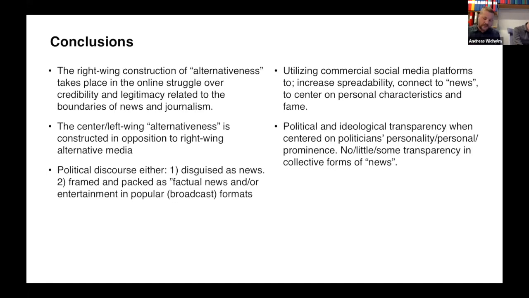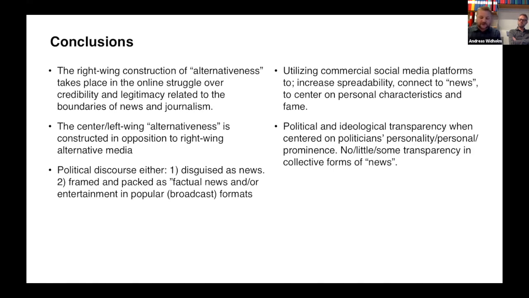We argue that the right-wing construction of alternativeness takes place in an online struggle over credibility and legitimacy related to the boundaries of news and journalism. In other words, they try to capitalize on the credibility of news journalism in the vast flow of online information where source scrutinizing and fact-checking are increasingly harder to account for.